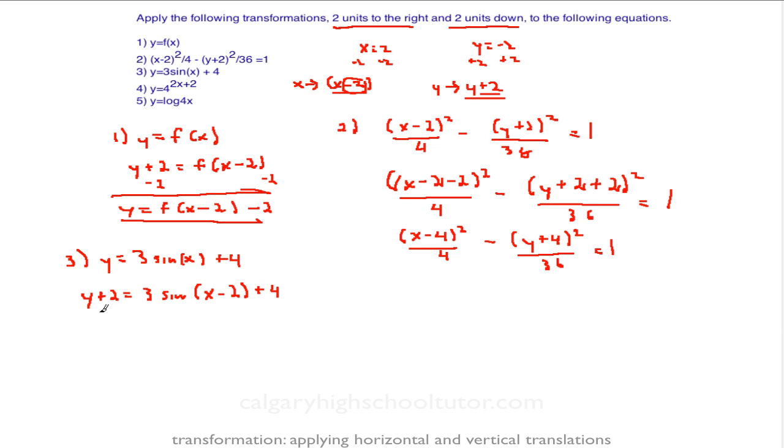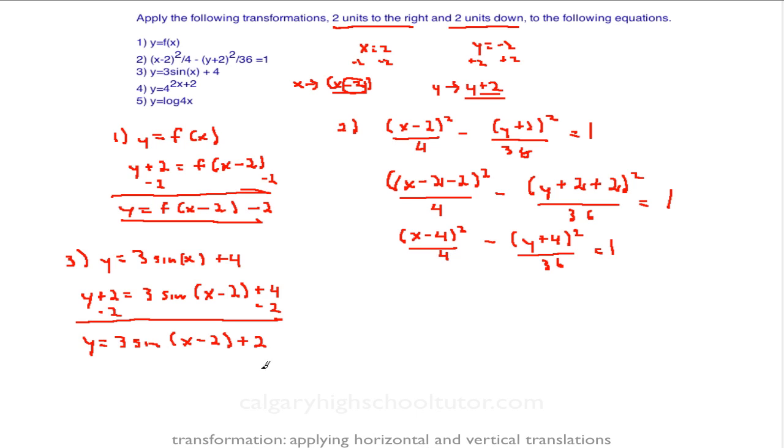We solve for y by subtracting 2 from both sides, and we get the final equation y is equal to 3 sine of x minus 2 plus 4, minus 2. That's the transformed equation of this trig function.